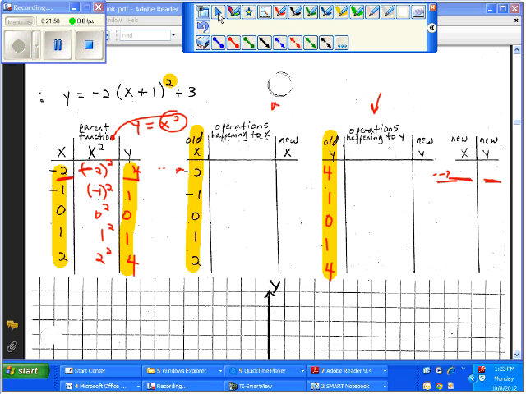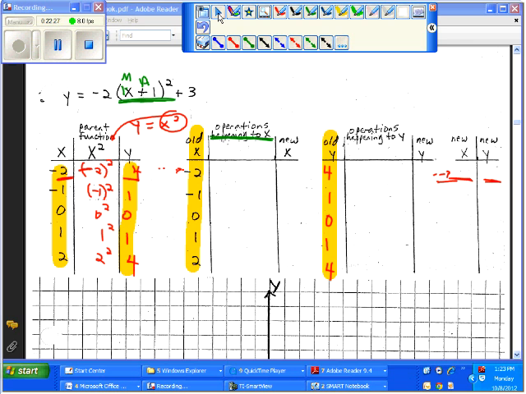Now, let's look at our rules. What is happening to x? What happens to x is what is inside the parentheses, in the reverse order of operations. What's in there is an understood 1 being multiplied and a 1 being added. Now we do it in the inverse order of operations according to undoing.